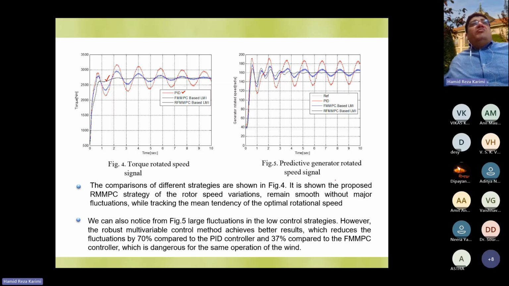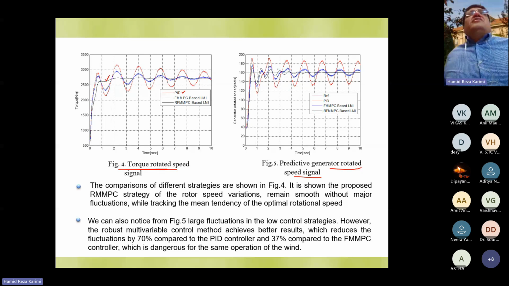At the same time, this is the torque and rotor speed signal. This is the predictive generator rotor speed signal. Again, you can see the reference signal, the PID response, the blue line is the MPC based on LMI, and the green line is the robust MPC.